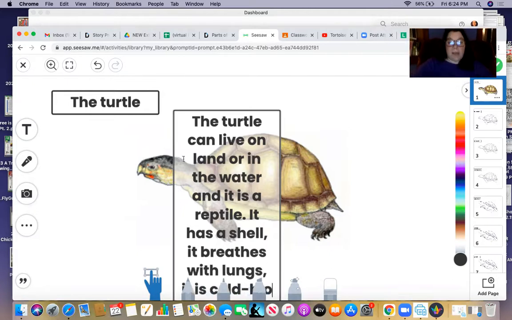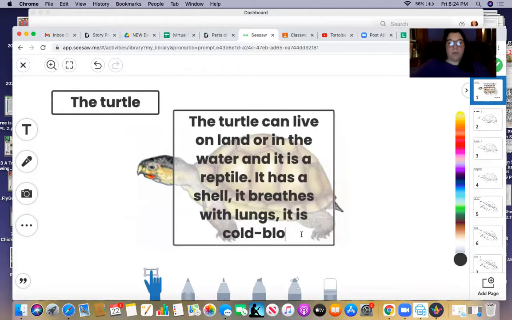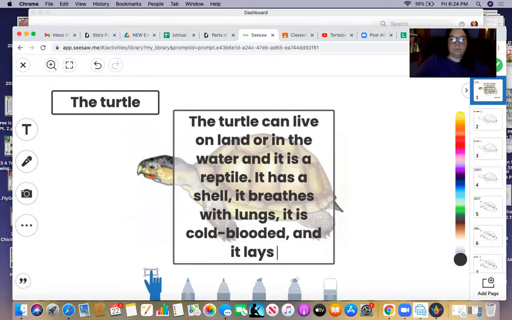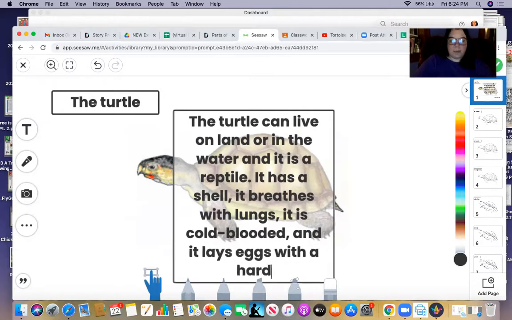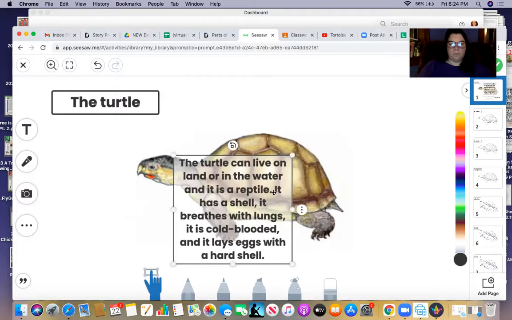That means that it cannot regulate its body temperature. It is cold-blooded, and it lays eggs with a hard shell, different than our amphibian friends. So there's some facts and information about the turtle.